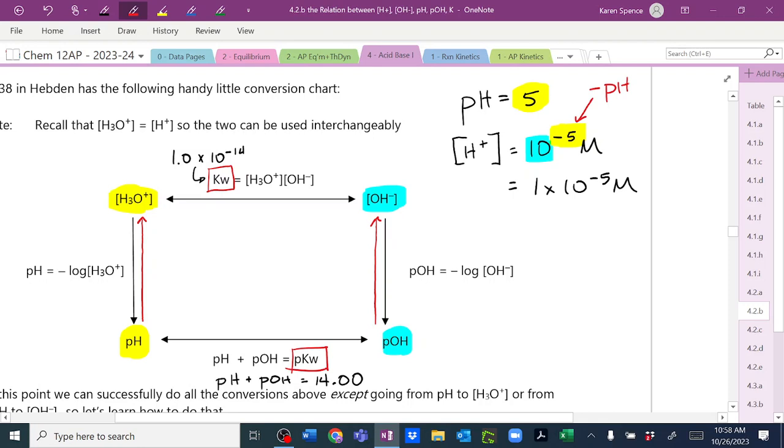So hydrogen ion concentration is equal to 10 to the negative pH. How would you find hydroxide given pOH? It's 10 to the negative pOH.